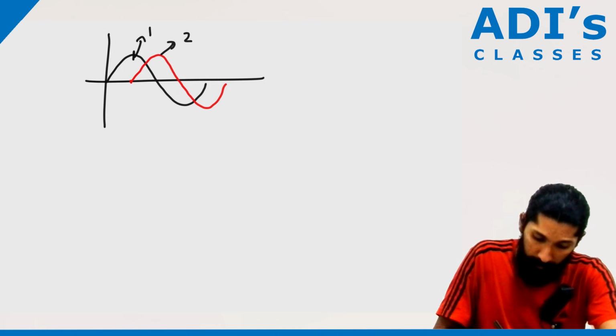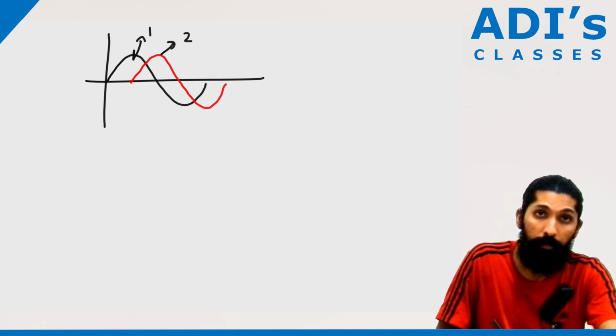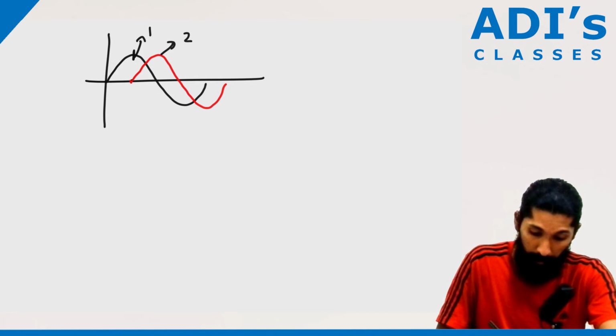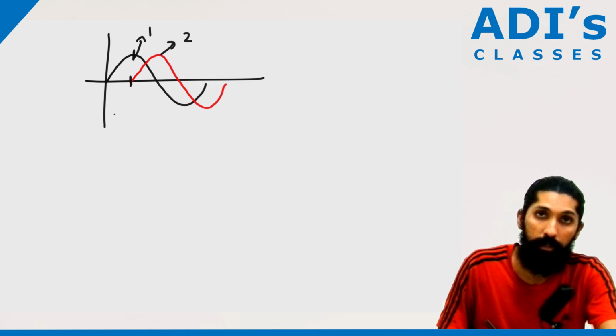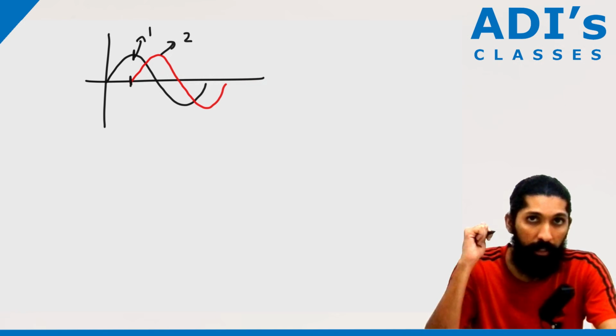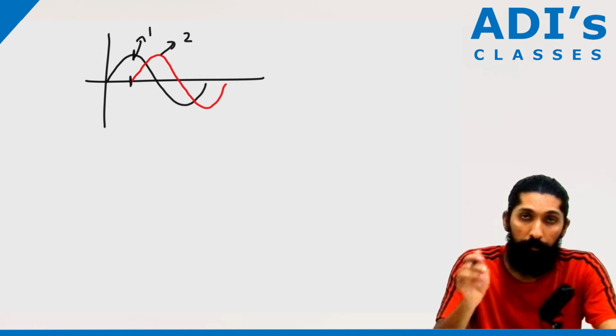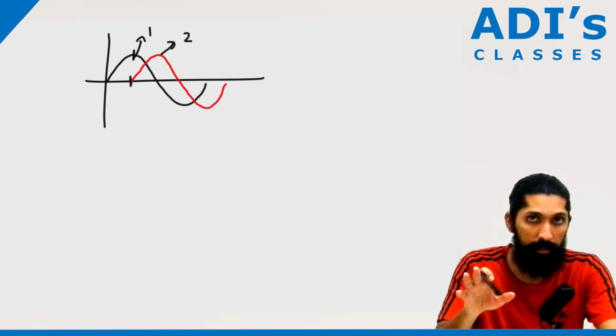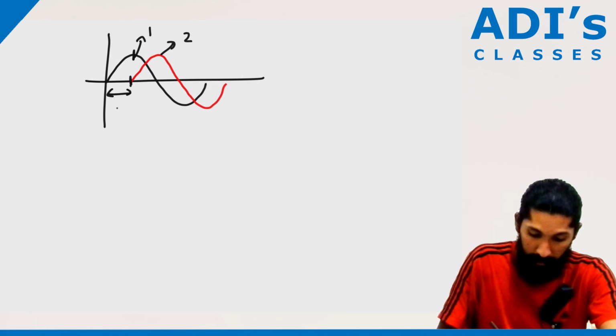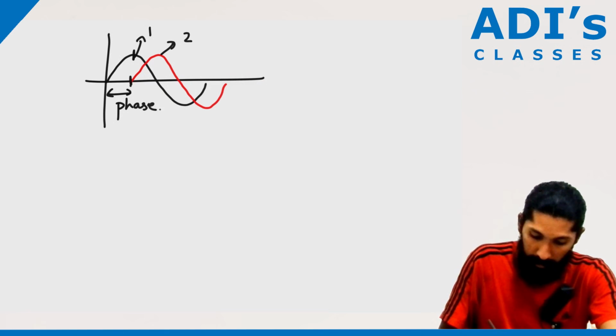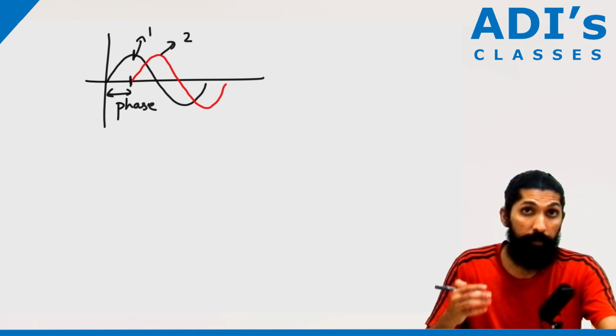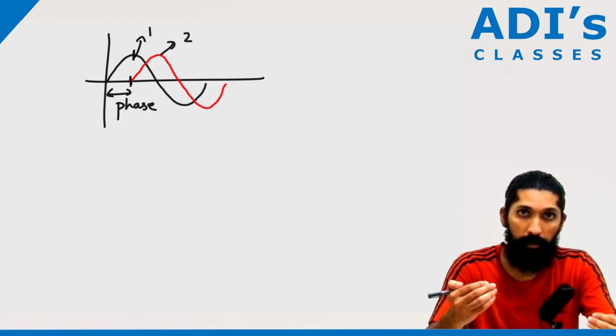The first wave is reaching its maximum, then the second wave starts. In the sense, the second wave is lagging by some distance. Make sense? Whatever distance we are looking at, we call this the phase difference.